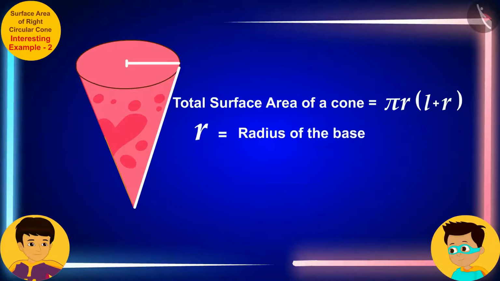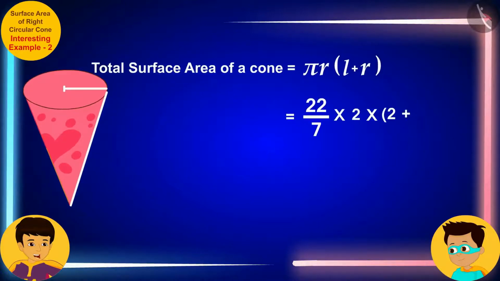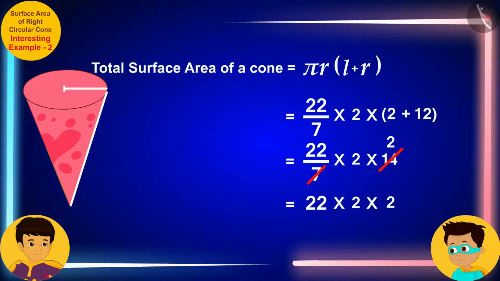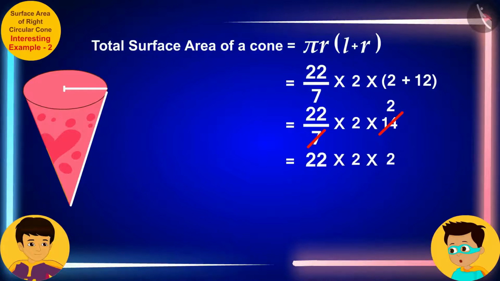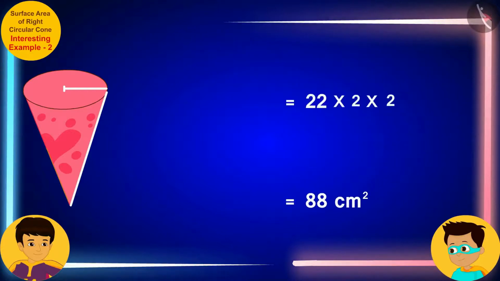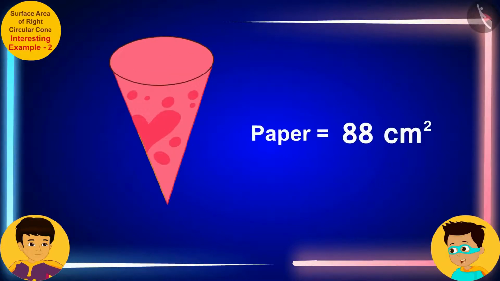Let me solve this by writing this measure here instead of r and l respectively. Look, Manas, the cone has a total surface area of 88 square centimeters. This means 88 square centimeters of paper has been used to cover the ice cream completely.